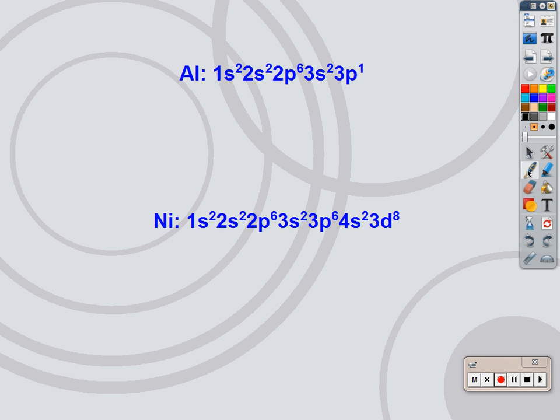First of all, these are the electron configurations for aluminum and nickel carried over from the previous video on standard notation. All the orbital notation is going to do is break all these electrons down into their specific compartments, their specific rooms. As we said earlier, an s orbital is just one orbital. There's only one room.